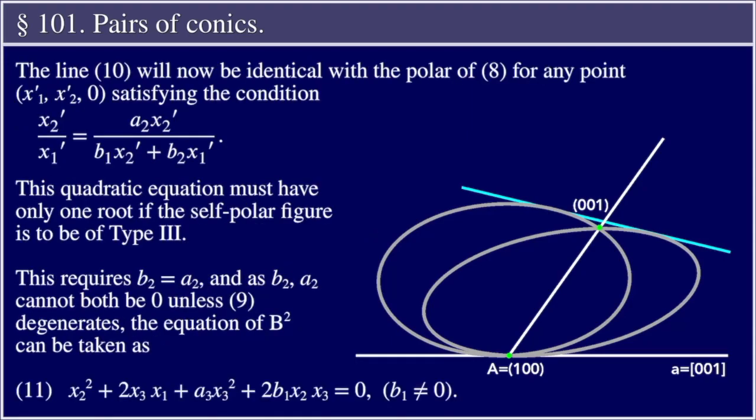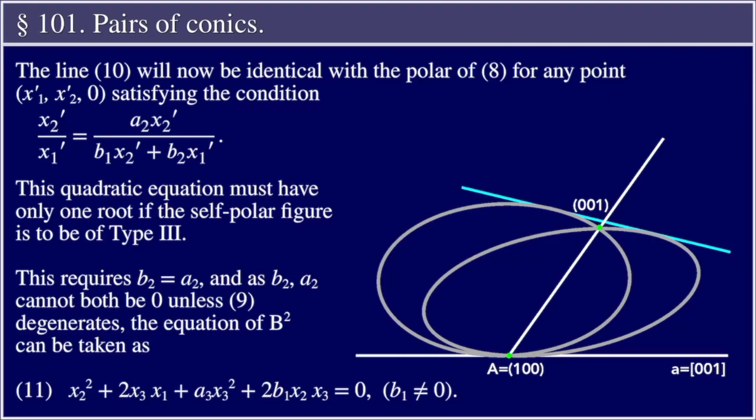The line 10 will now be identical with the polar of 8 for any point x1 prime, x2 prime, 0, satisfying the condition x2 prime divided by x1 prime equals a2 x2 prime divided by the quantity b1 x2 prime plus b2 x1 prime. This quadratic equation must have only one root if the self-polar figure is to be of type 3. This requires b2 equal a2, and b2, a2 cannot be both 0.